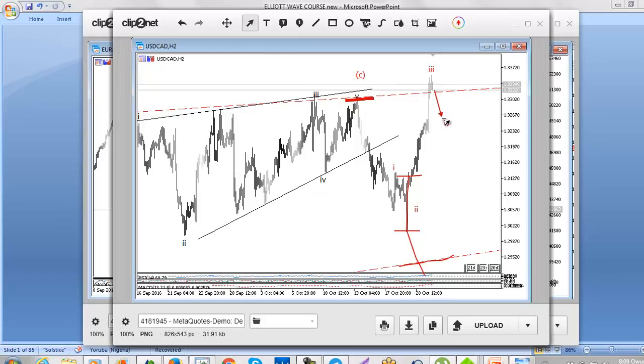A pullback like this, and the price may now resume upside for the 5 before we see a major correction, and the price may continue moving upside before the bearish move continues downside.